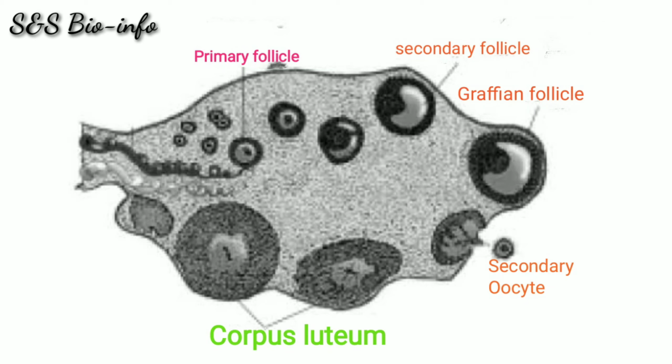In this diagram, you can observe the primary follicle, then the secondary follicle, tertiary follicle, and the matured Graafian follicle with a large fluid-filled cavity, the antrum. After the complete maturation of the Graafian follicle, the ovum is released, that is, the secondary oocyte is released from the ovary. Then a remnant is formed, called the corpus luteum. The corpus luteum secretes a hormone named progesterone that is essential for the regeneration of the uterine endometrium for the further activities of carrying the embryo.